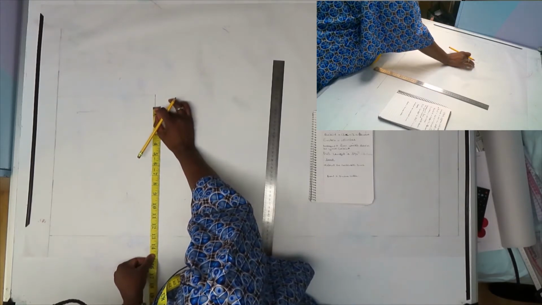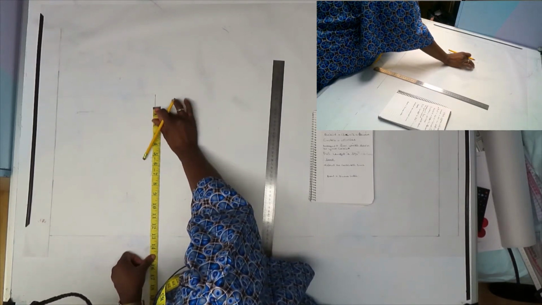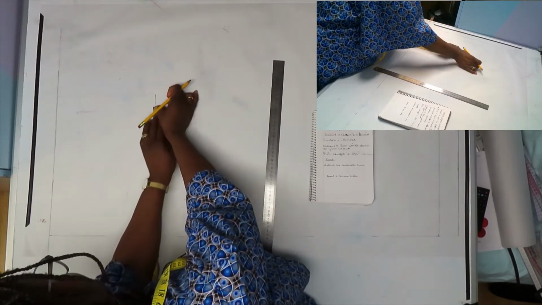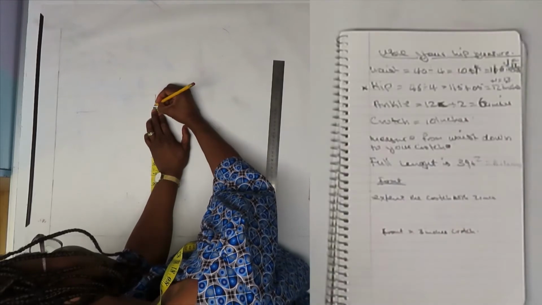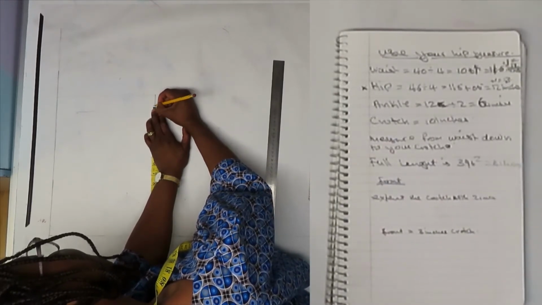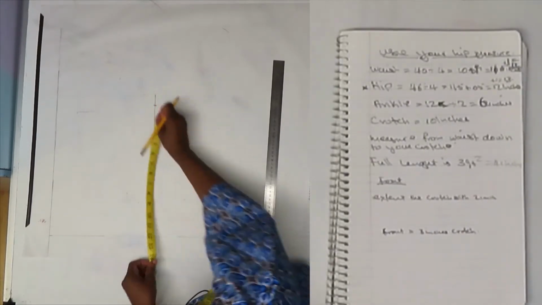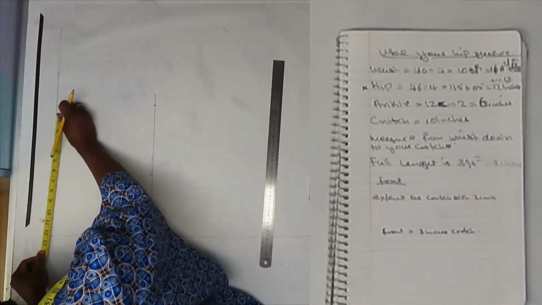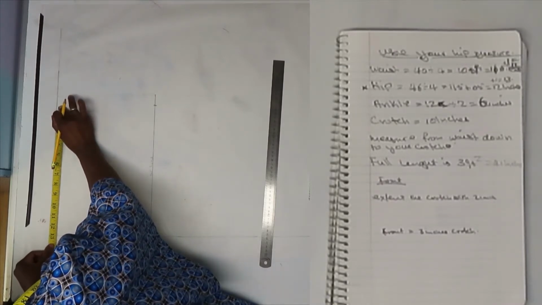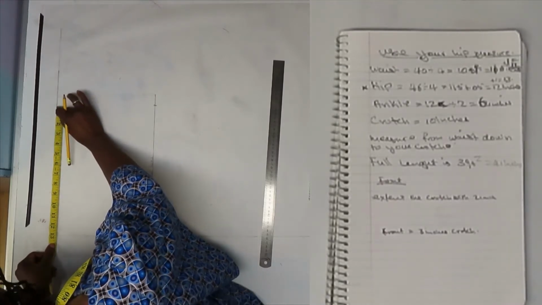So you measure from here, mark here your hip measurement. That's how it goes, right? All right. So this hip measurement, you bring it here again, 30.